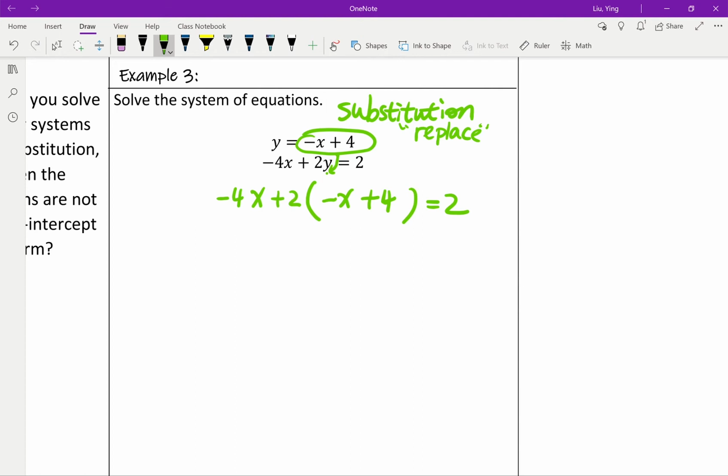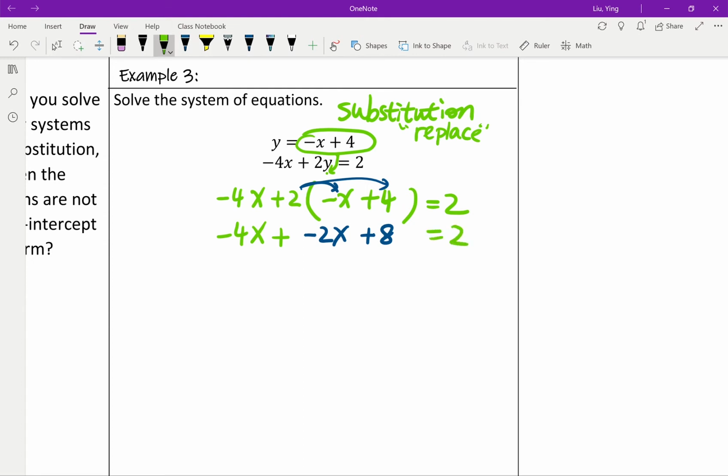Okay, now we can solve this. So negative 4x, we distribute, so 2 would be multiplying each element in here. 2 times negative x is negative 2x, and then 2 times 4 is 8, and then it equals 2.